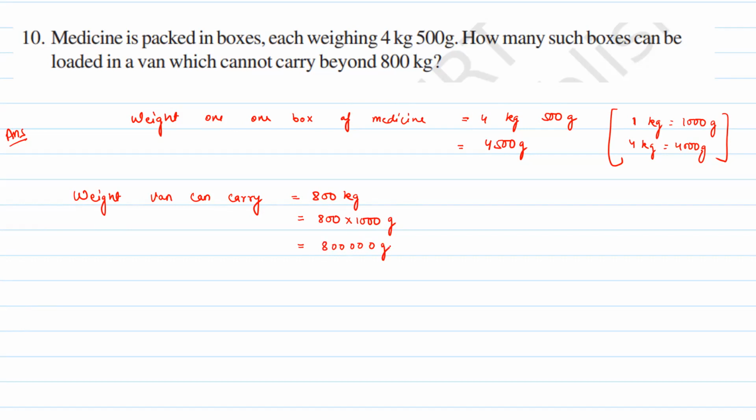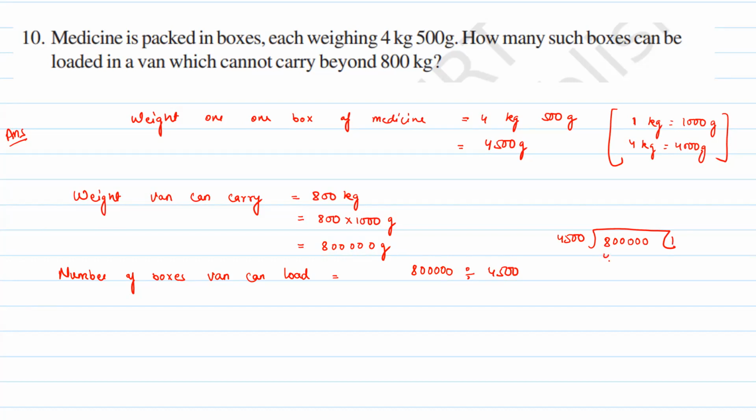Now, how many boxes can the van load? It will be 8 lakh divided by 4500. So we will divide again like that, and you have to show it in the rough work only, because that will let the teacher know that you are doing it correctly.